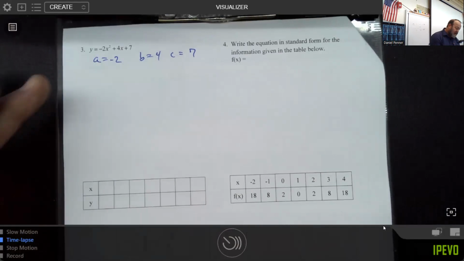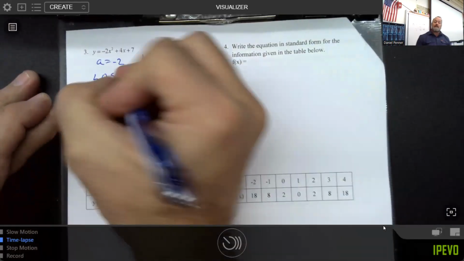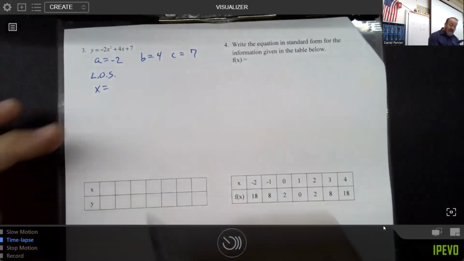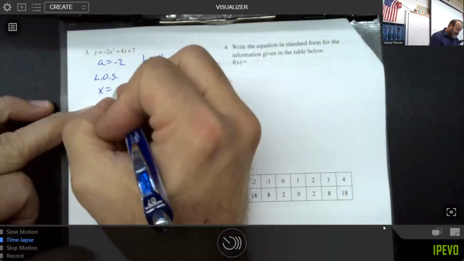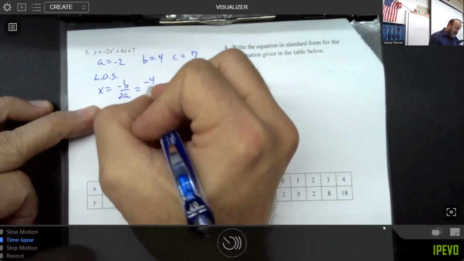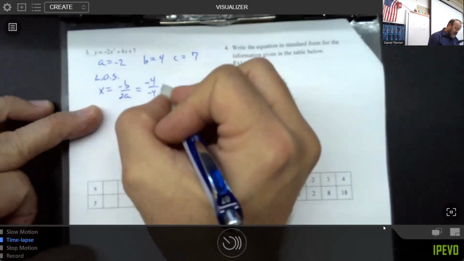Now, we learned a little formula for the line of symmetry. Some people call it an axis of symmetry, but it's the same thing. It's always a vertical line, x equals the opposite of b, over 2a. The opposite of 4, of course, is -4. And if I double -2, I get -4, and I got 1.